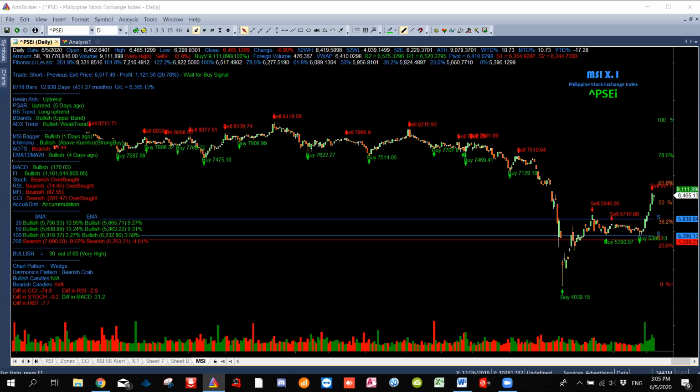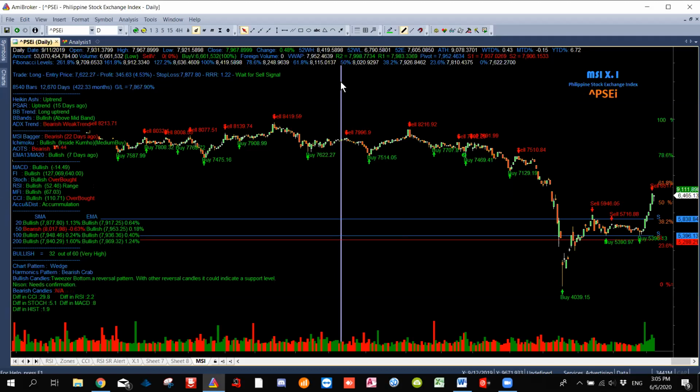And then, you would see the date. So, ang isa sa mga common mistakes na nangyayari pagka gumagamit ka ng AMI broker is nakaklik ka sa ibang candle or sa ibang date. For example, itong line na to, this one indicates kung anong date yung analysis na nakikita mo. So here you can see it's September 11.